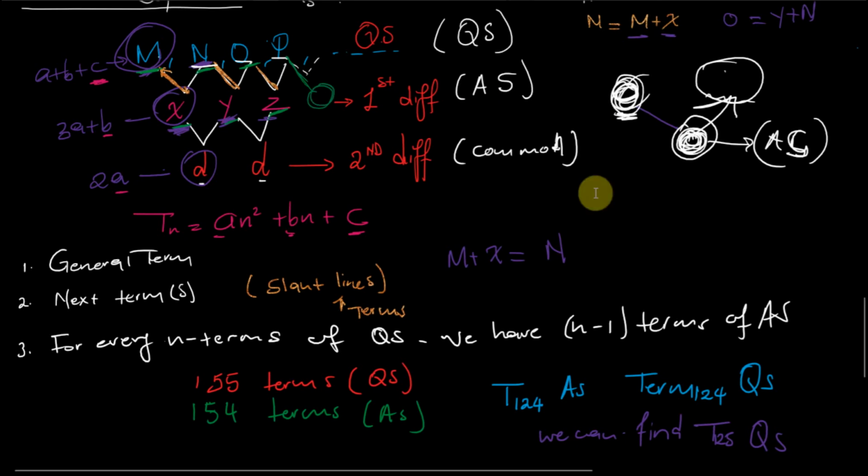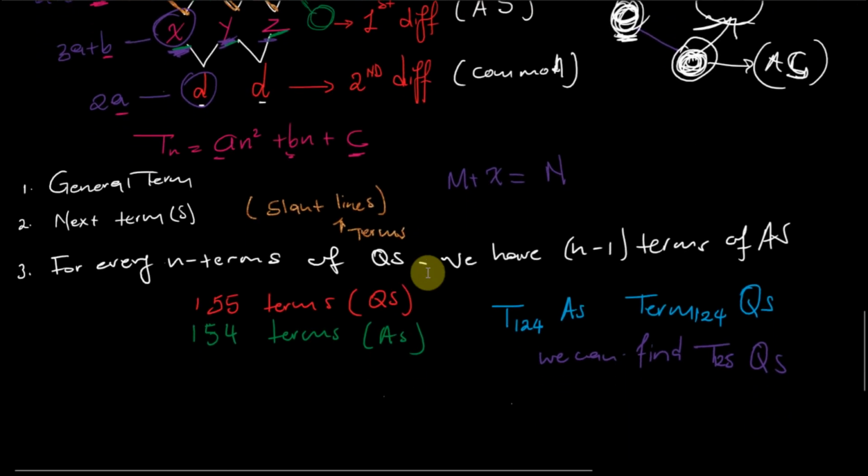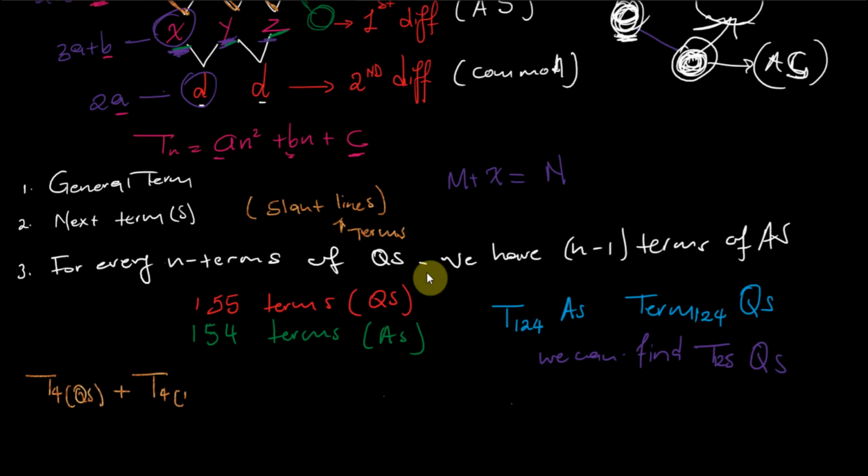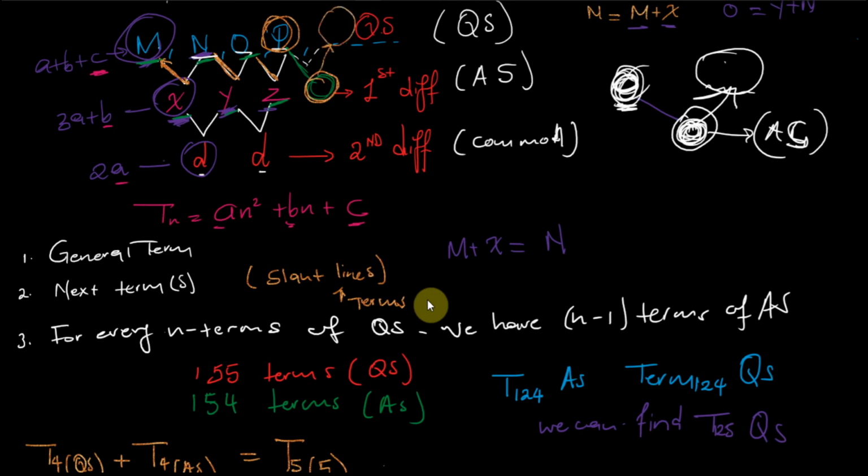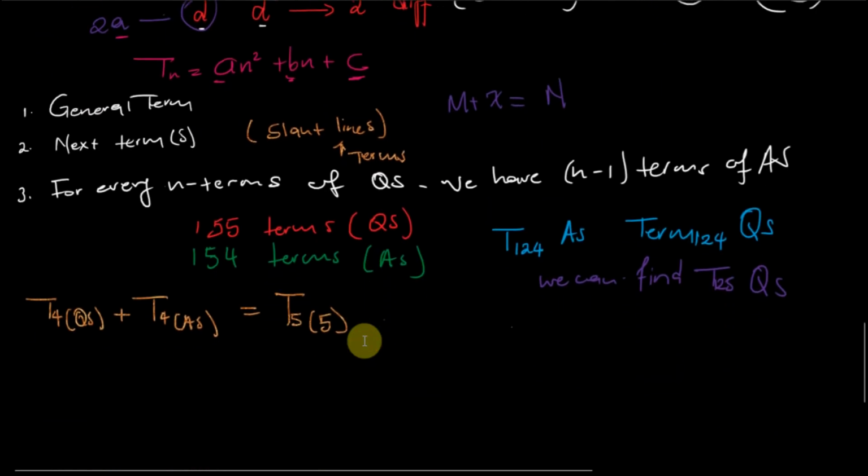So what we can say is that term 4 of a quadratic sequence plus term 4 of an arithmetic sequence will give you term 5 of a quadratic sequence. So that is what we are saying down below.